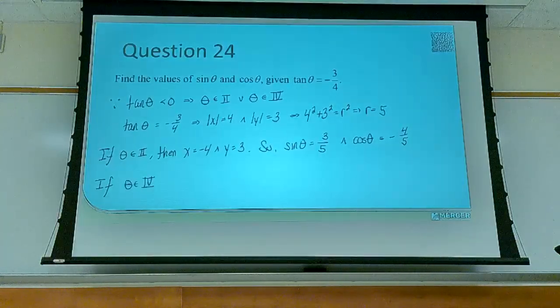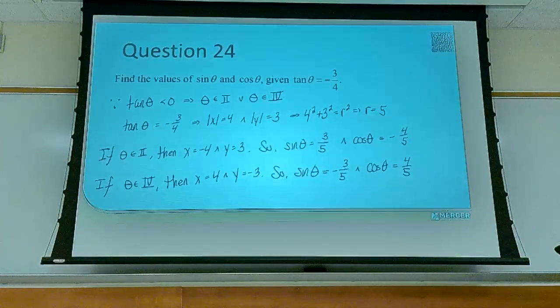If we're in quadrant 4, is x positive or negative? Positive. What about y? Negative. Sine would then be negative 3/5, cosine would be positive 4/5.